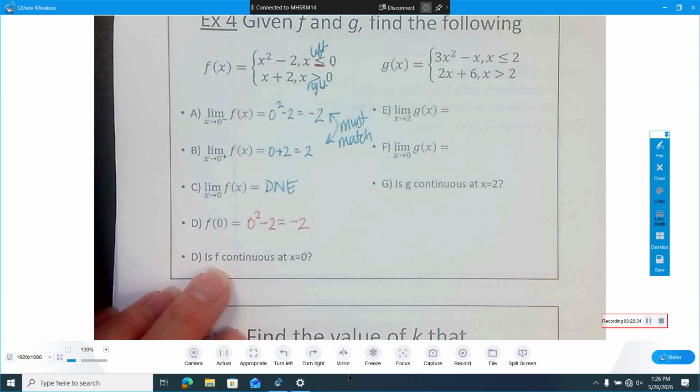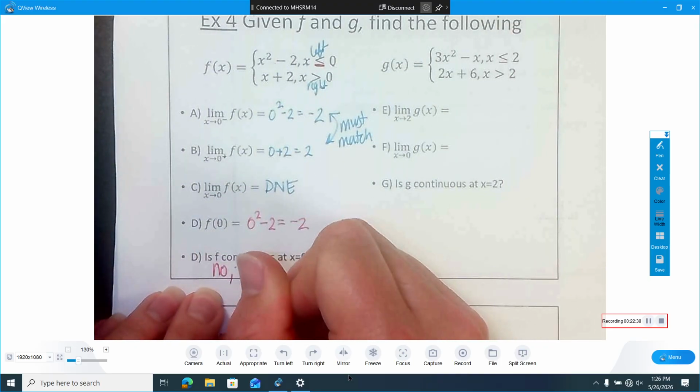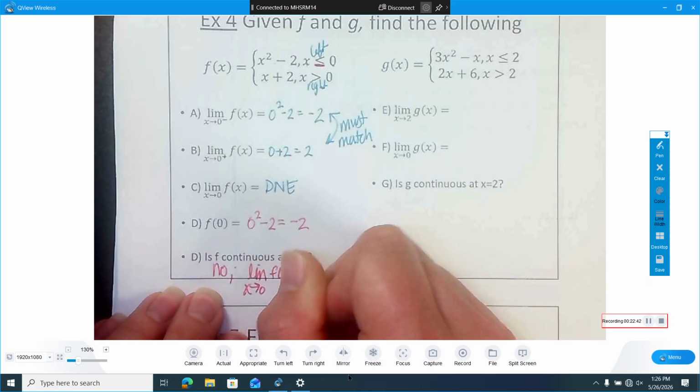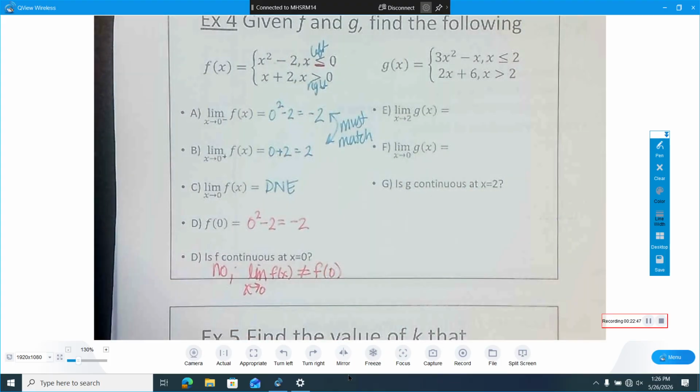Is f continuous at 0? No. No, because the limit as x approaches 0 of f of x does not equal f of 0, the function evaluated at 0. The limit has to match the function value.